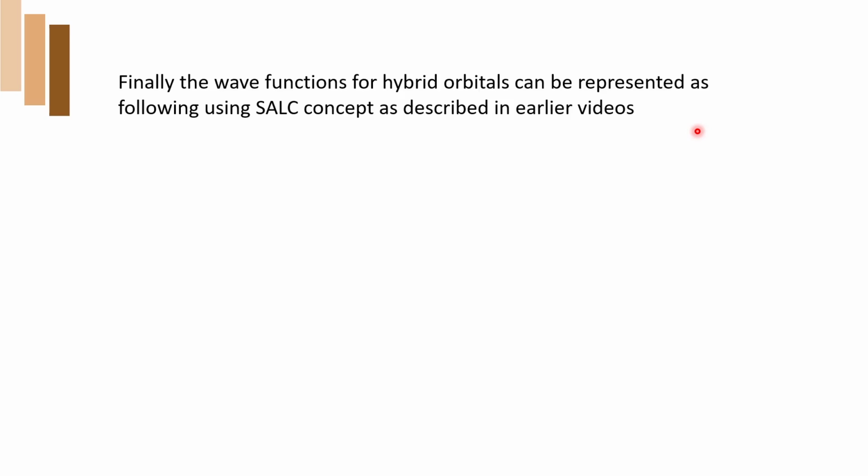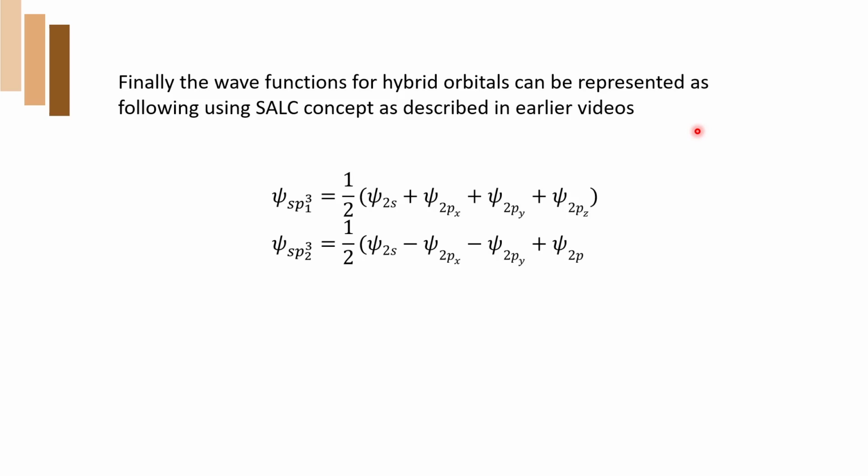Not only that, it also lowers the burden of quantum mechanical calculations and treatments by using symmetry. In this video, we are not going into details of how SALCs are formed, but we will certainly look at the kind of equations that we have obtained. So the wave functions for hybrid orbitals can be represented using the SALC, the symmetry adapted linear combination concept, and we have the first sp3 orbital in terms of 2s, 2px, 2py and 2pz with all plus ones, and for the second sp3 it is plus, minus, minus, plus.